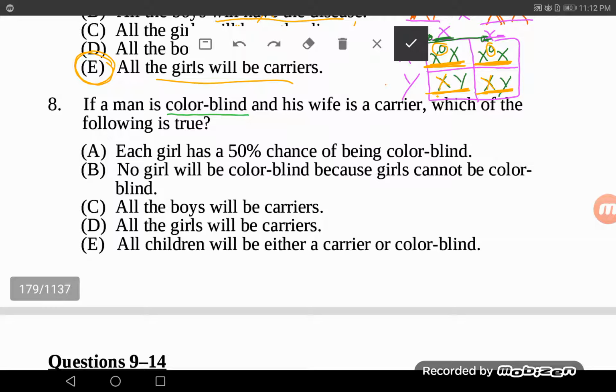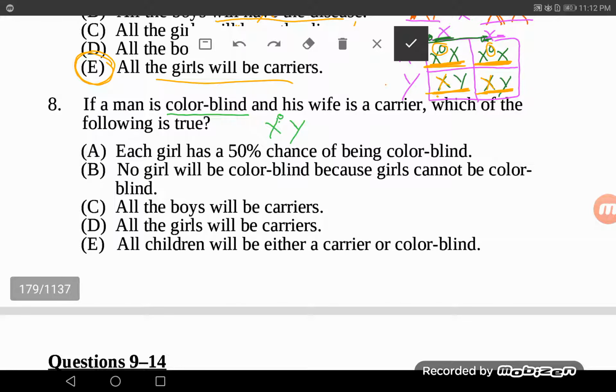So if the man is colorblind, it means the X chromosome of the XY chromosomes that we have carries it. Color blindness is a sex-linked trait, so the X chromosome of the man has that disease.